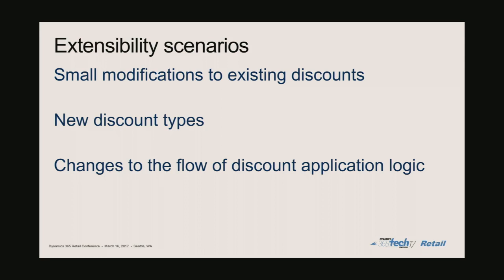A new thing would be I want to use anything to qualify, and when I do, I get this other thing for a discount. So that's a new discount type. And then the last one is flow logic. And this is exactly what I talked about earlier on, is how priority and concurrency work together.